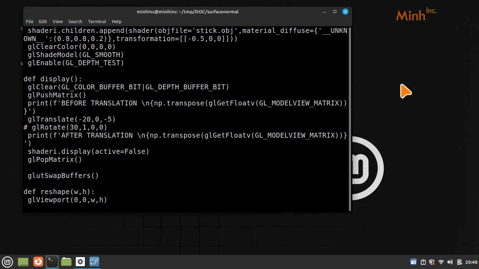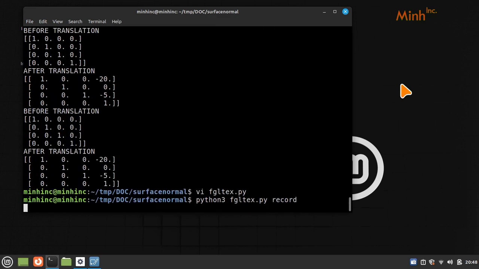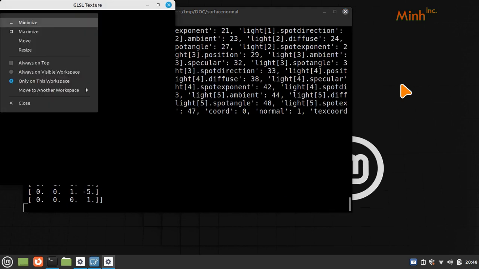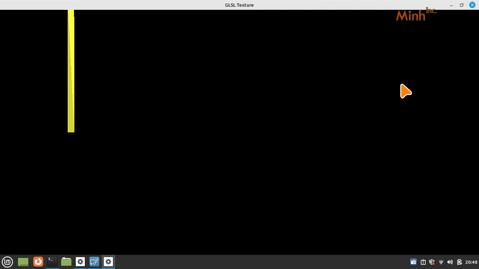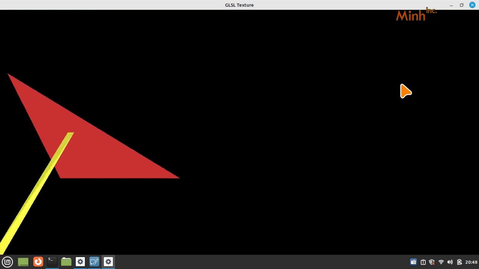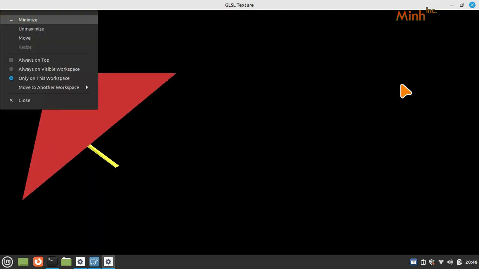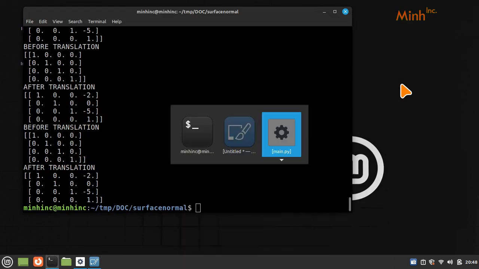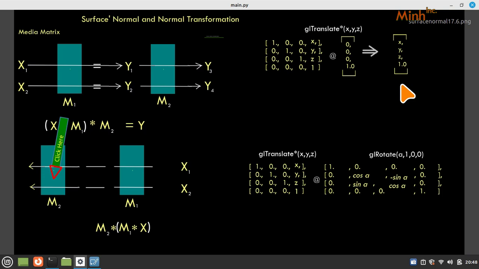Minus 20 became too much. For big, I'll say minus 2 and try. It should be on the left side. Okay, so far better. It is on the left side and it is very big. So this is how it's happening, because it is passing through the translation matrix. The item is at the origin and we are passing it through the translation matrix.